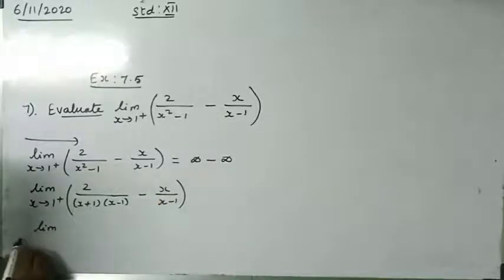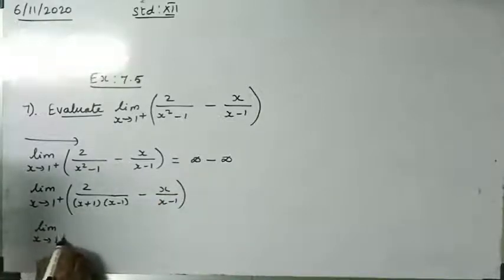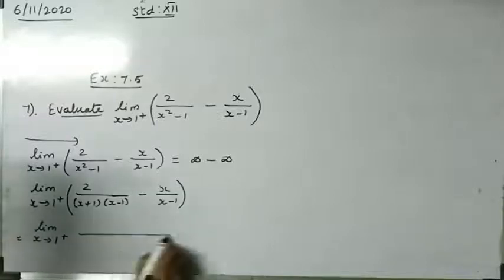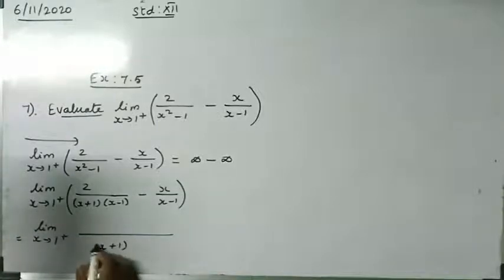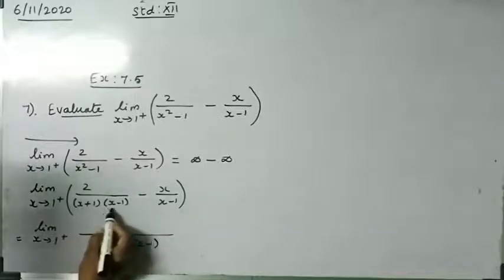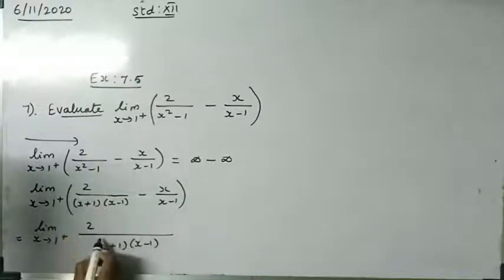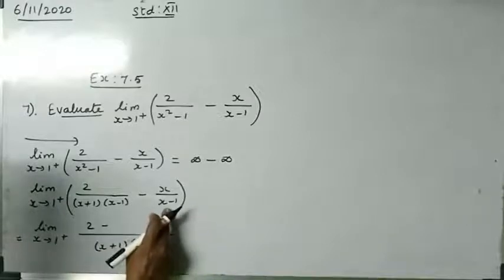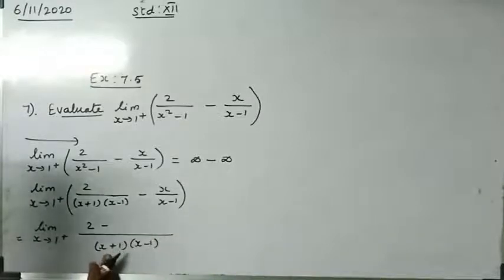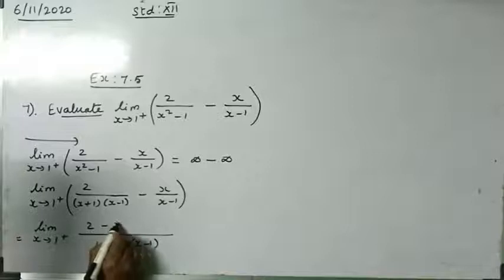So limit x tends to 1 plus. Take the LCM, x plus 1 into x minus 1. Now both the factors are here, so write 2 as it is, minus. Only x minus 1 is here, so take x plus 1 and cross multiply: x into x plus 1.